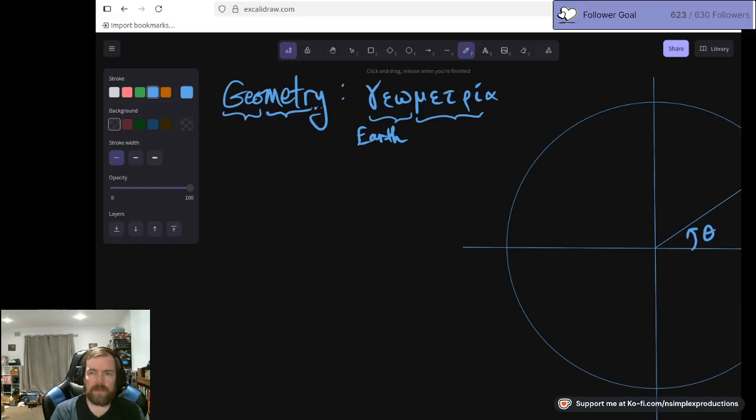And then the metria part, that's at the end, really is talking about the act of measuring. So geometria really means earth measure. If anybody actually speaks Greek, you can correct me, but as near as I can tell, in the ways that I have broken down things and tried to study individual parts of all this stuff, yeah, it looks right.